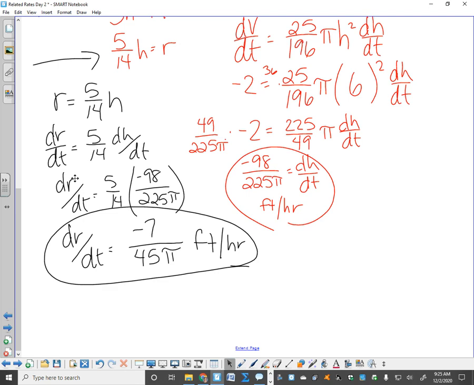Good stuff. I told you today was deep into the pool kind of stuff. These are tough, I 100% agree. These are tough because it's not a super clear path as to what you should do right off the bat. And the triangle problems with the shadow and labeling who's x and the y minus x and all that stuff, like that's tough too.